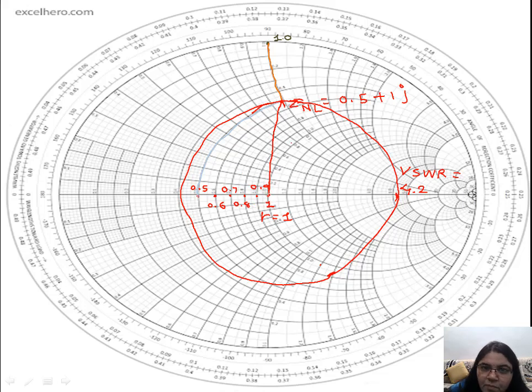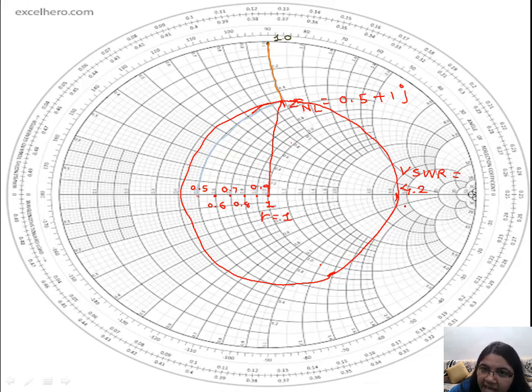From the point R equal to 1 to this normalized impedance, I need to draw one line. Now taking this as the radius, from the point 1 to the ZNL, I have to draw the circle.